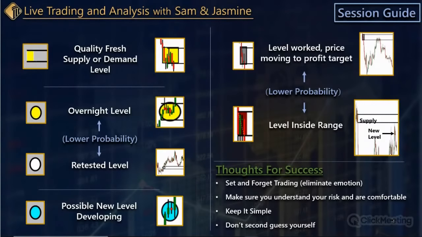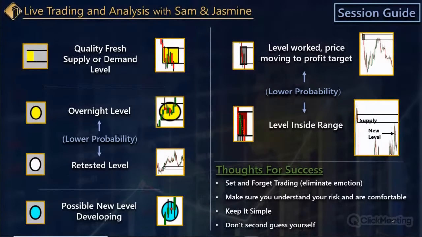Let's skip down to the blue one on the bottom. Okay. And what the blue one is, it's a level that's possibly developing. Typically, that level, if it does develop, will become a yellow box. Almost always, if that blue circled level actually becomes a level, it will almost always become a yellow box, right? But we identify these things in advance two ways.